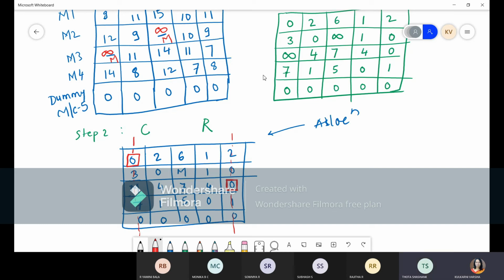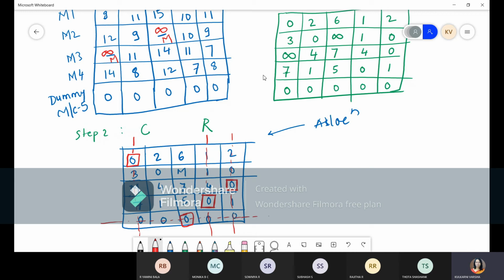Fourth row, again a single 0, so assign it and cancel the column. Fifth row, there are 2 zeros, so leave it. Now go column-wise. The first column is cancelled. In the second column there are 2 zeros, leave it. In the third column there is a single 0, so allocate it and cancel the row.